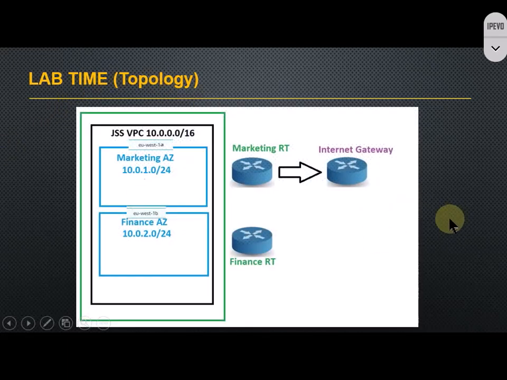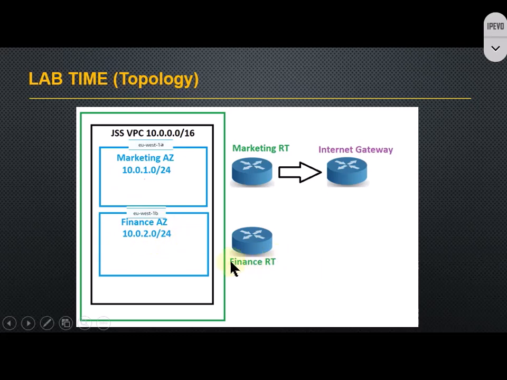So this is the very simple topology I'm going to create. I'm going to create one VPC with the name JSS VPC, having CIDR block 10.0.0.0/16, and this is going to be your eu-west-1a with the marketing availability zone, and another one is eu-west-1b with the finance availability zone, with a different network ID.